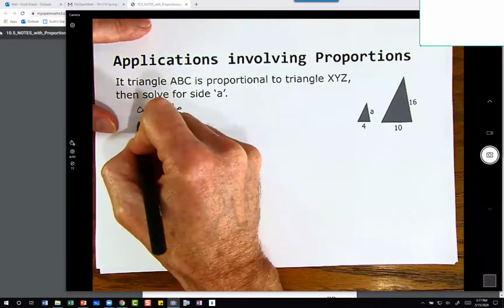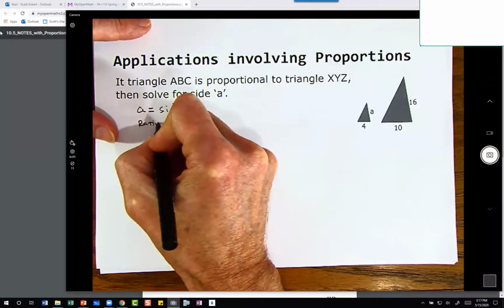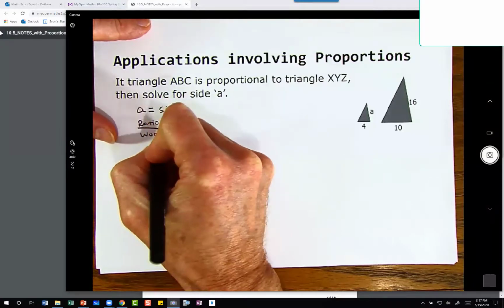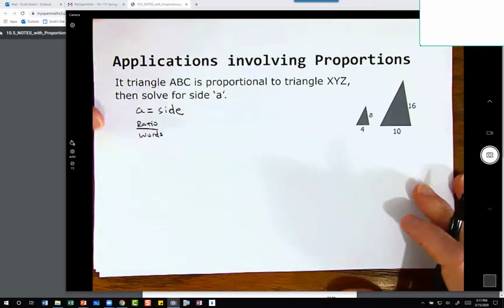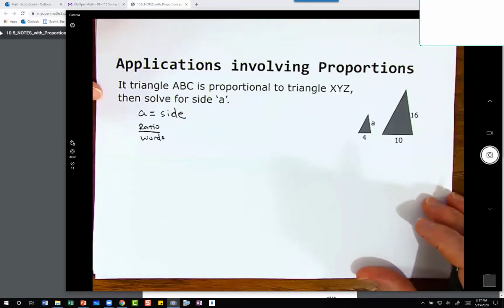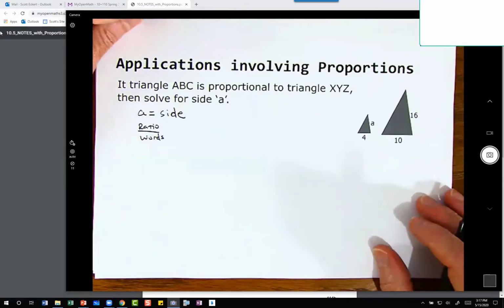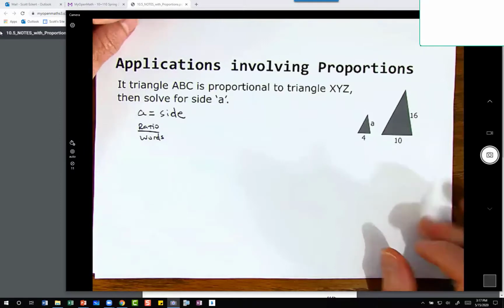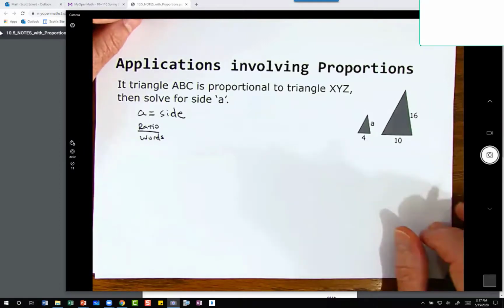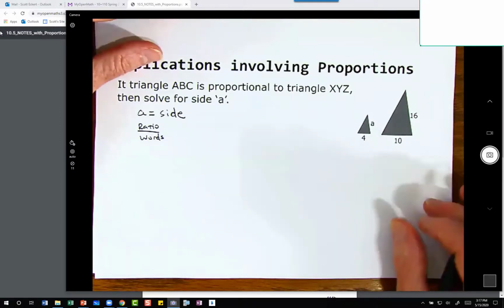So we need our ratio in words. That will force you to make sure you put the same numbers on the top that you put on both fractions and the same number on the bottom that you put for both fractions.